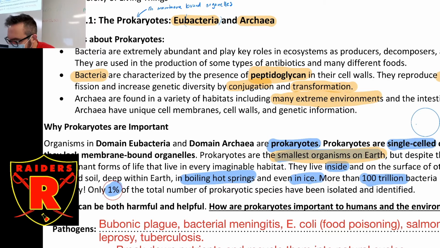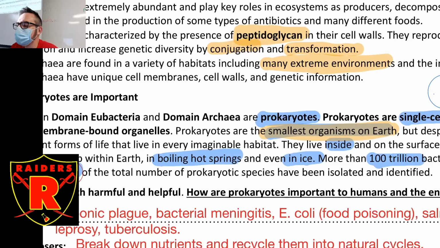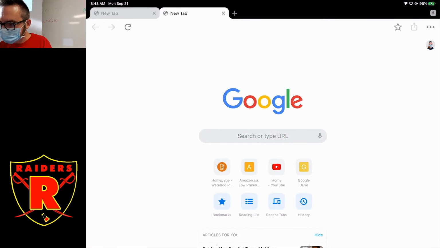Bacterial meningitis is caused by bacteria. You can get food poisoning, E. coli. I think I mispronounced this last time. I'm really terrible at this word. The E in E. coli is Escherichia? I'm going to look this up again. I think I said it wrong last time, but the word is, I'll throw it up on here, because this word always messes with my head.